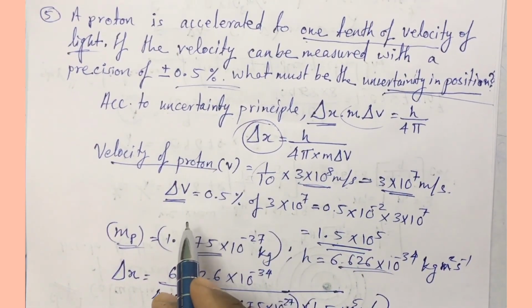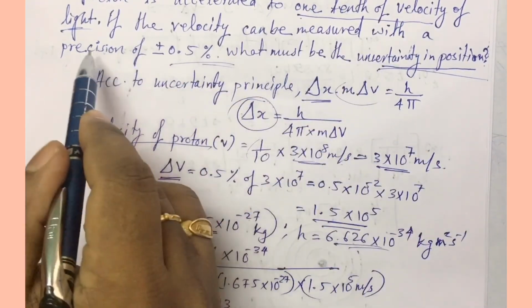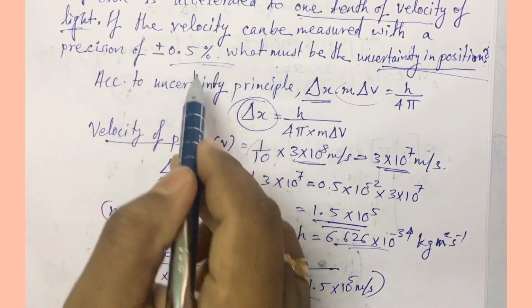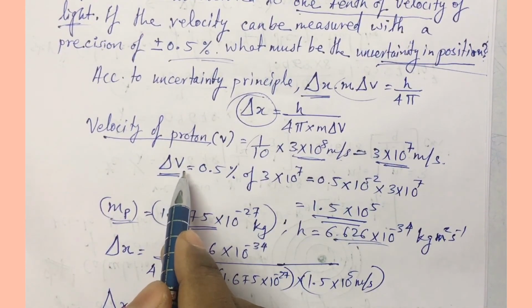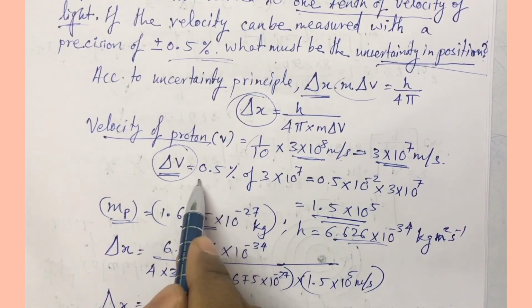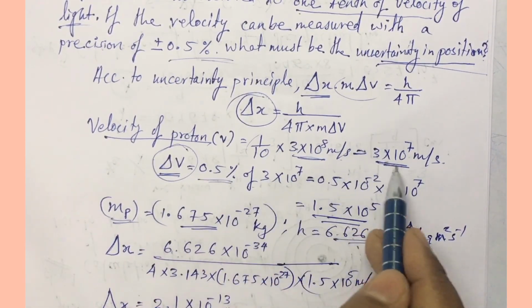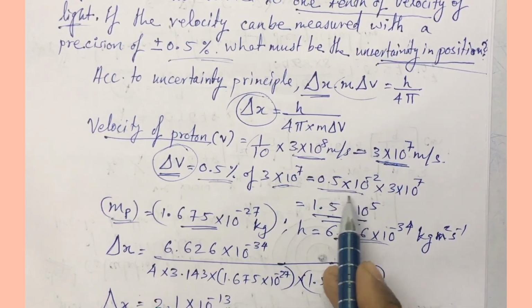Then it is also given that the velocity can be measured with a precision of 0.5%, so we calculate the uncertainty in the velocity, that is delta v is equal to 0.5% of that value which we have got here. So we get the change in velocity, that is delta v.